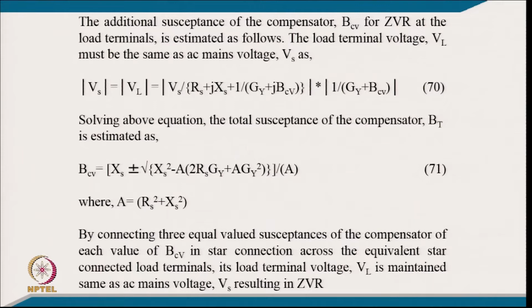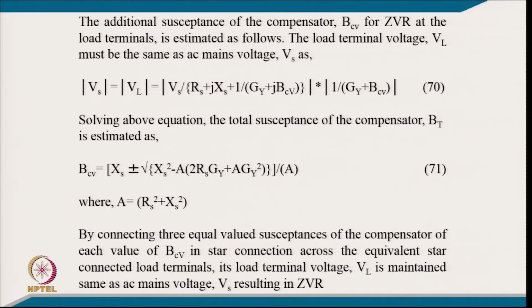So, the magnitude |V_S| = |V_L|, and you can put the value of V_L as the net current at the source side, V_S divided by R_S plus jX_S, the source impedance, plus the load impedance 1/(G_y + jB_CV), including the compensator impedance in parallel with the conductance of the unity power factor load. This current is multiplied by the impedance of the total load along with the compensator, 1/(G_y + jB_CV).